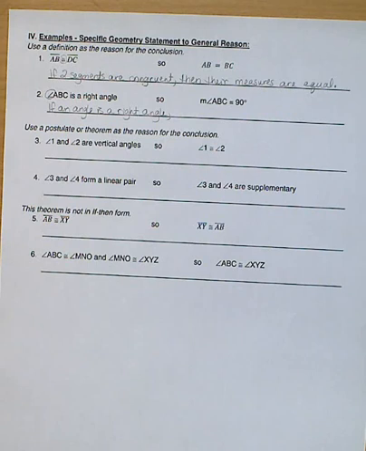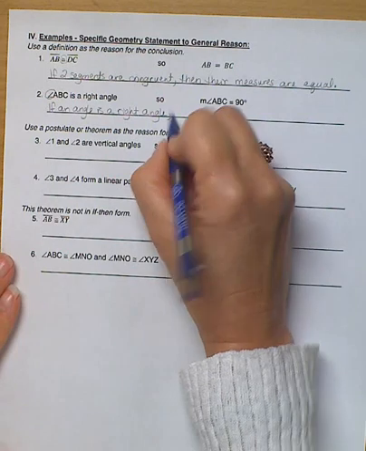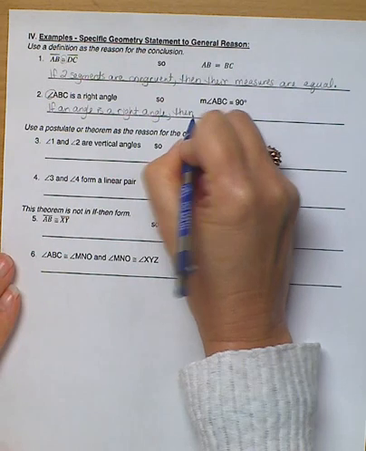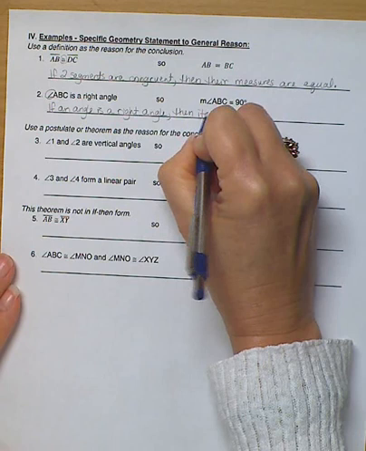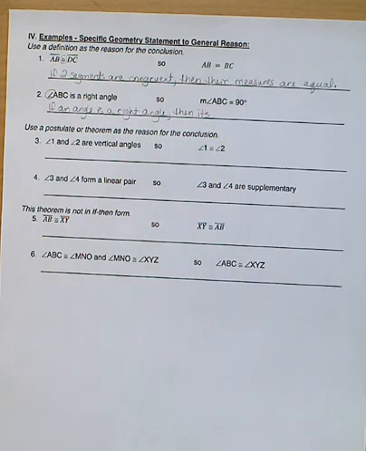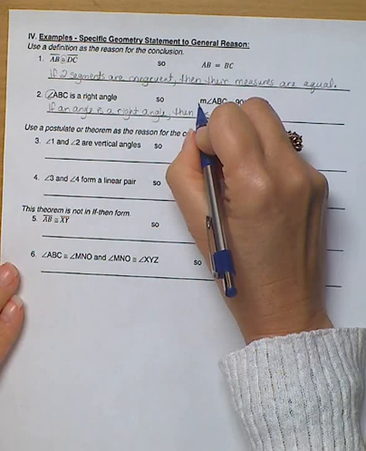then what's happening? Then, and I'm going to use a pronoun, you can say then the angle, but then its measure, because that's measure, its measure is 90 degrees. Okay.